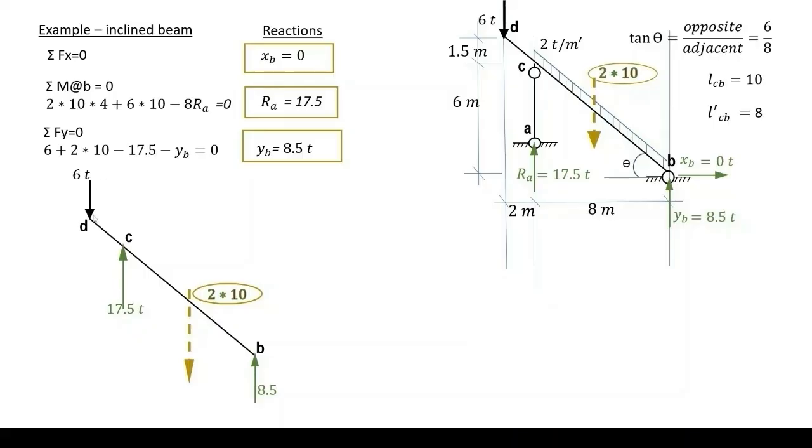We have the 6 tons at D, reaction at C, distributed load 2 by 10 between CB and applied in the middle of CB. We have also the reaction at B, 8.5.